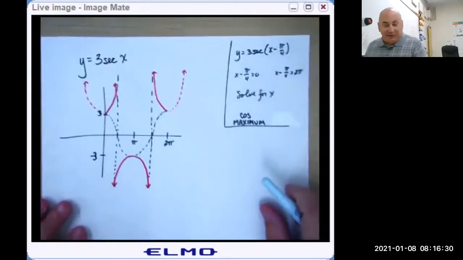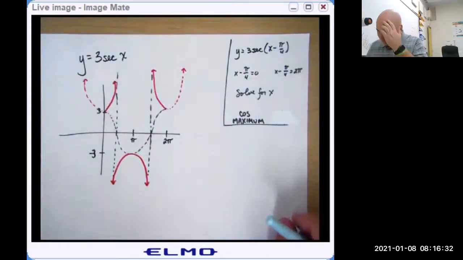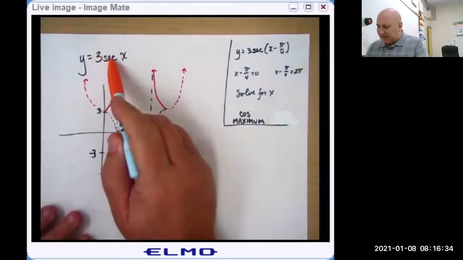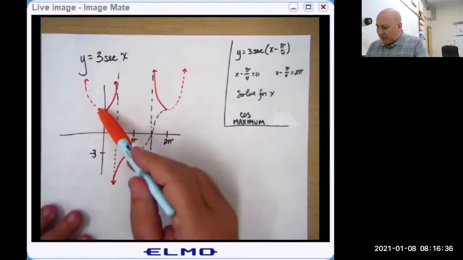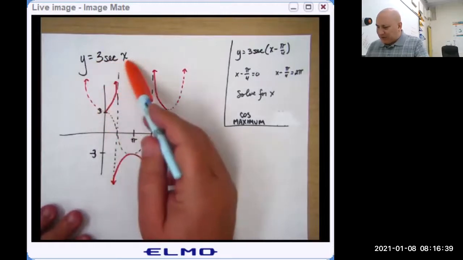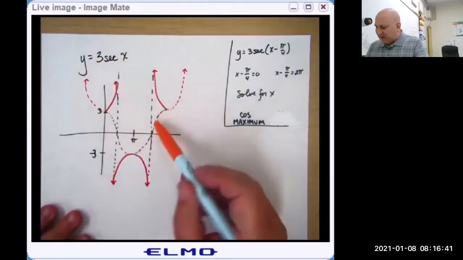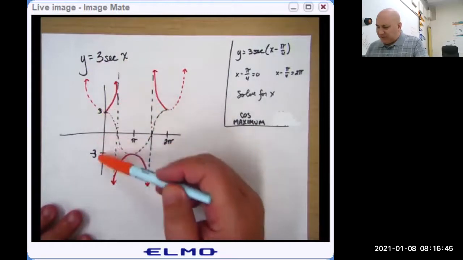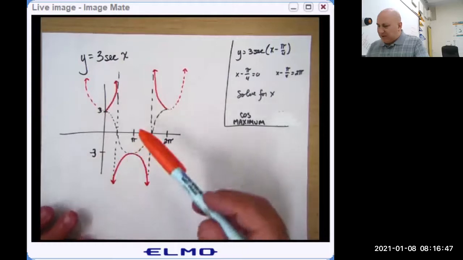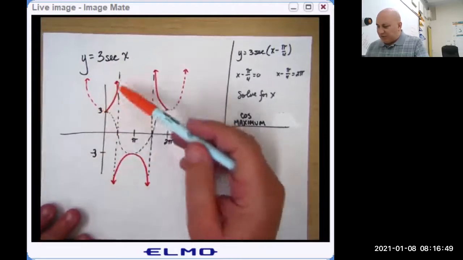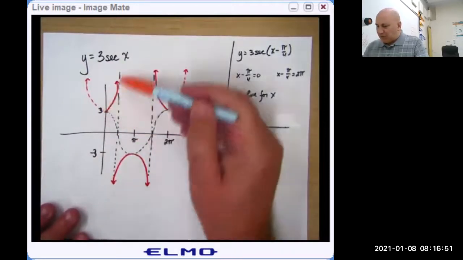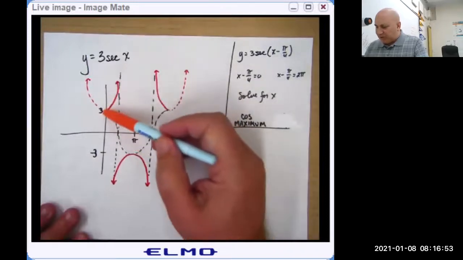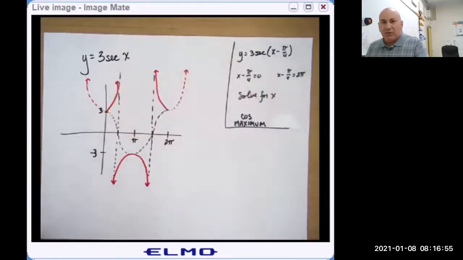So 3 secant theta, 3 times secant theta. So I draw my cosine, I do 3 times the cosine of theta. And then I got 3 here and negative 3 here. And then I do my curves. See this getting smaller and going to 0. This is going to get larger and go up.